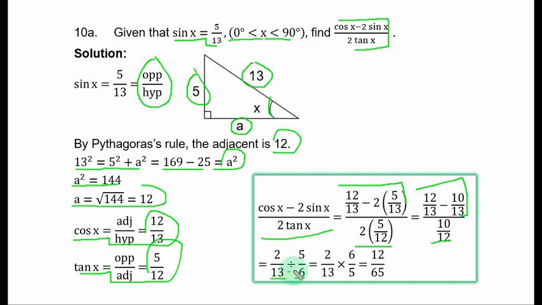In division of fractions, the division sign always changes to multiplication, and the fraction at the right side is inverted. So you have 2 over 13 times 6 over 5, and that is 12 over 65, as the value of cos S minus 2 sin S over 2 tan S.